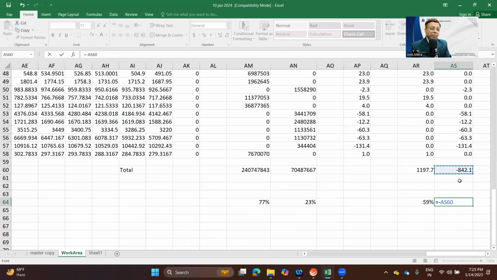So negative of downside value, because I've captured this downside in negative, right? It's not in positive. So you can do either, or you can use a negative sign in this particular formula as well, so that the downside, everything which is negative, will come in positive. No problem, as per your convenience.